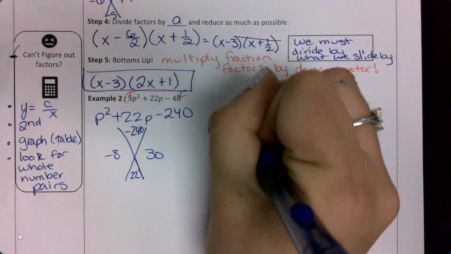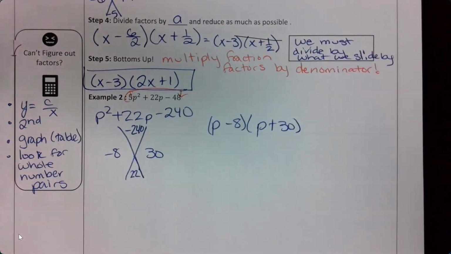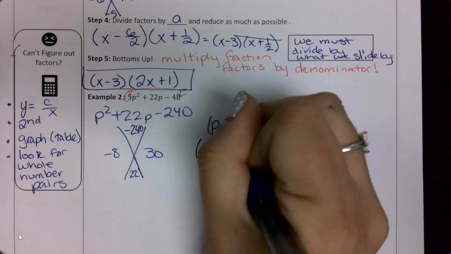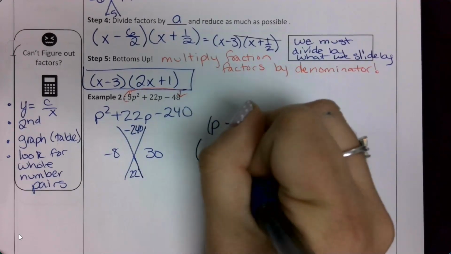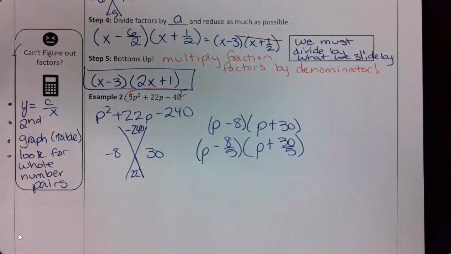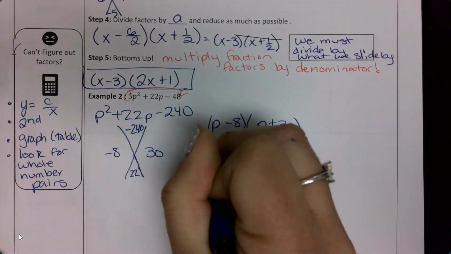So I'm going to write my two factors out. Then I want to divide each of those numbers by the original a value. I can't simplify that first fraction.